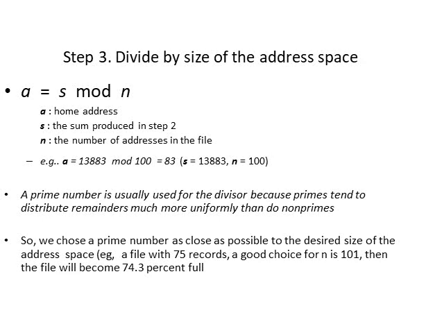So 13883 mod 101, I will get some particular answer, say it is 74. So this is how we are going to do step 3. This is a simple algorithm. We are going to study many other hashing algorithms later onwards.